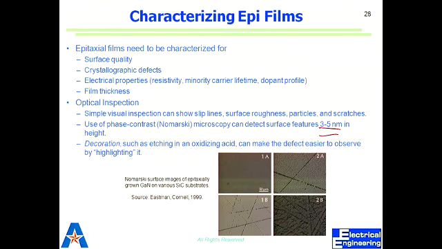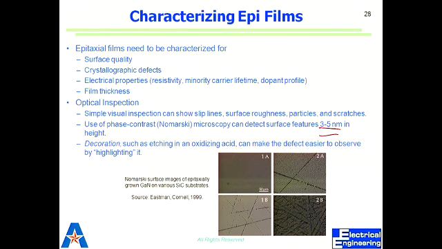Optical microscopes have a feature called Nomarski, a slide which gives us a color change if there is a thickness change. So we can look at the colors. So optical inspection, of course, for quality and defects, and electrical properties, are all standard processes we can use for this.